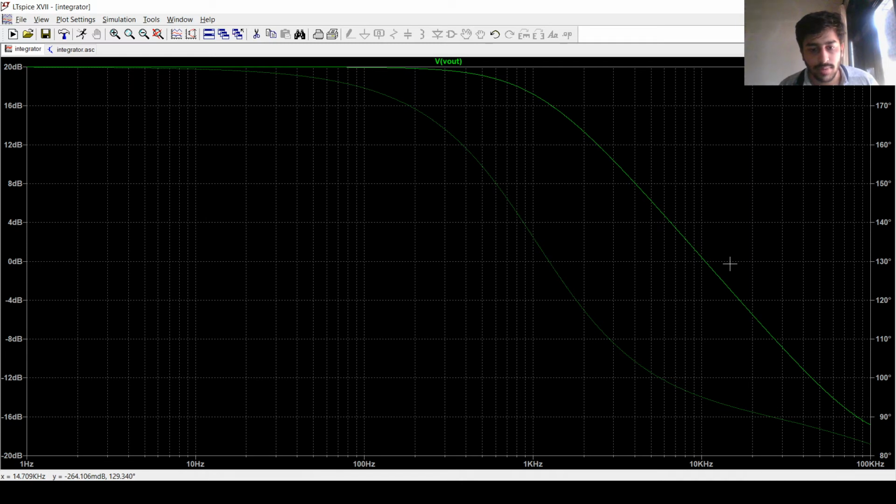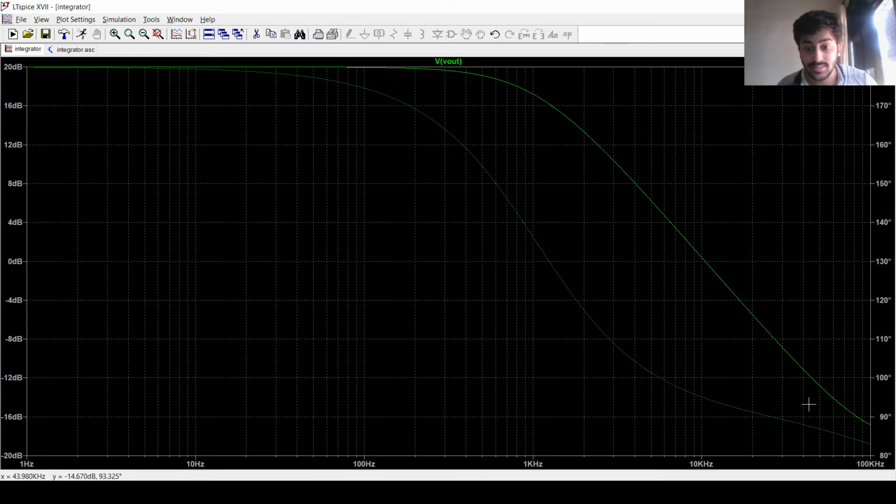So by choosing different values of frequency we get different values of R and C, and from that we will get different gain. So accordingly our graph changes.